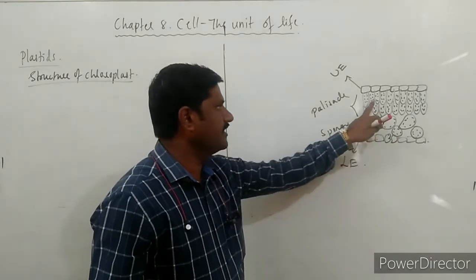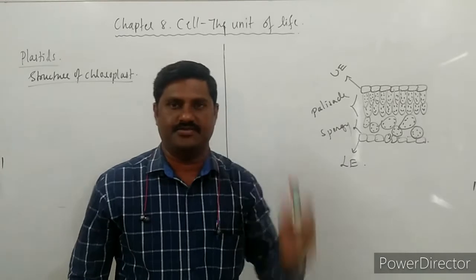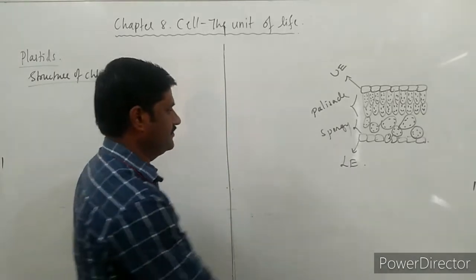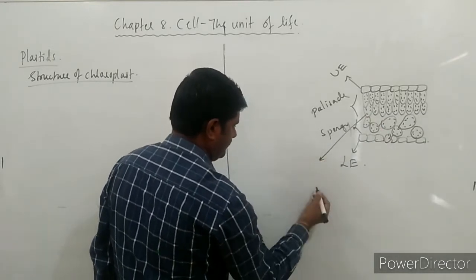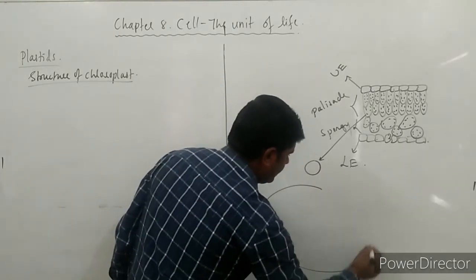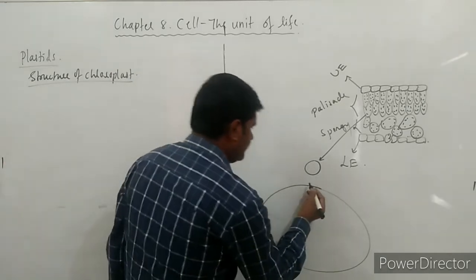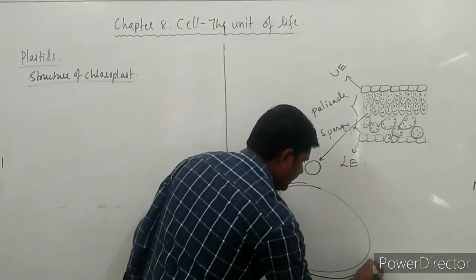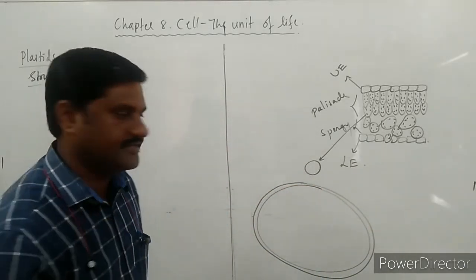Now we are taking out only one chloroplast, so let us see the diagram of the same. See here, I am going to maximize only one chloroplast. This is one chloroplast, right? This is a double membrane bound cell organelle and it is the largest cell organelle in the plant cell.